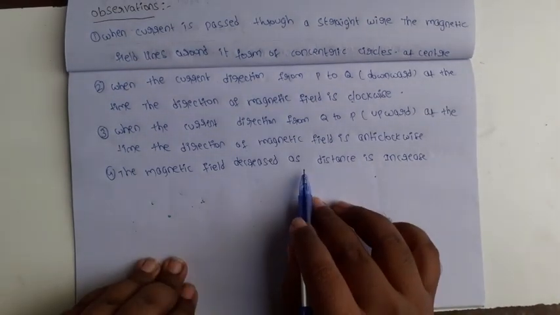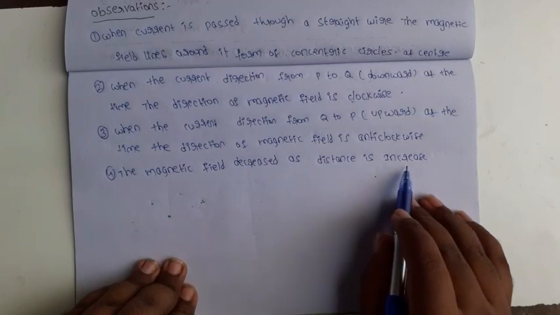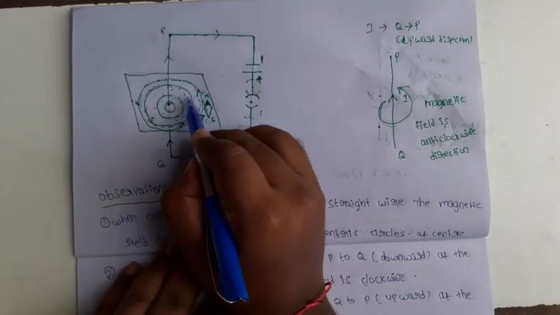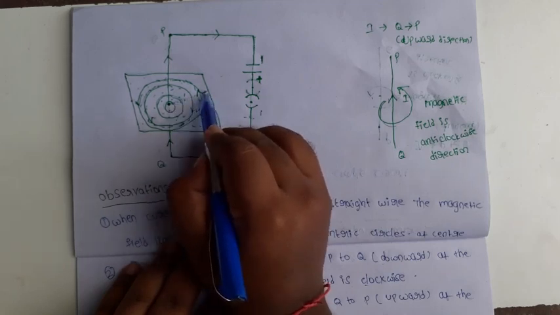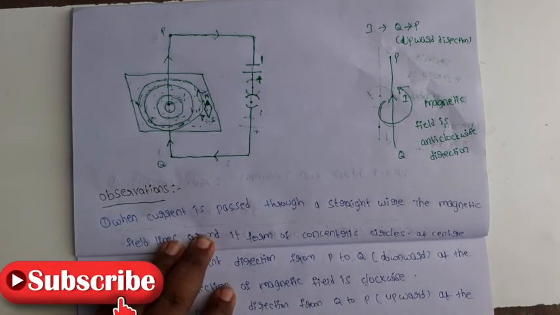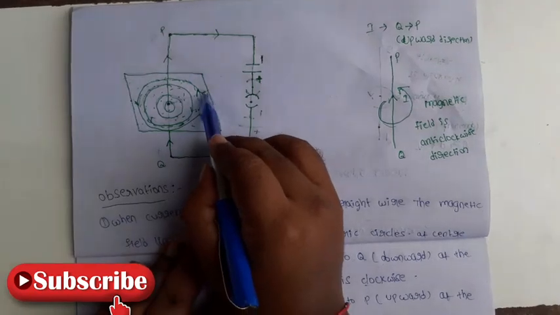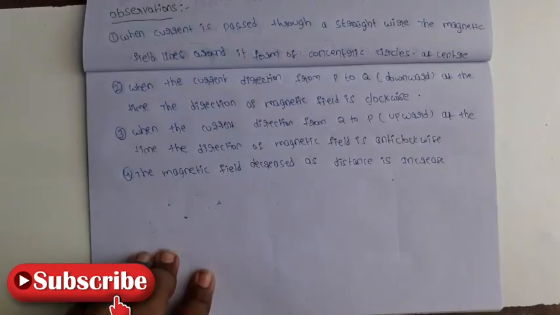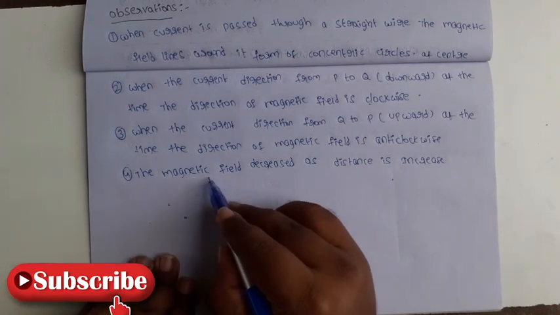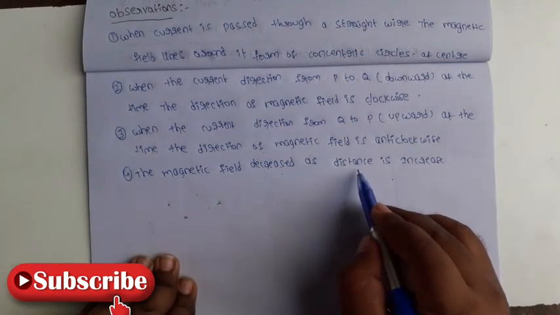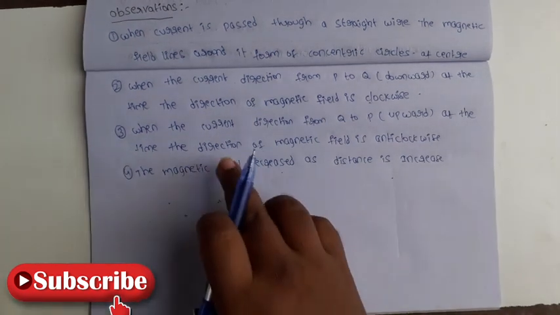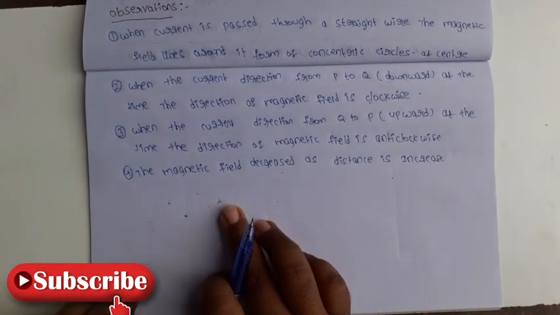Suppose you increase the distance, meaning from the center of the cardboard to outside, the magnetic field will decrease. If you decrease the distance, the magnetic field increases. That is the fourth point. The magnetic field decreases as distance is increased. These are all the observations of the experiment.